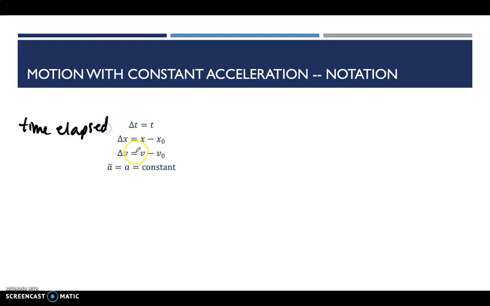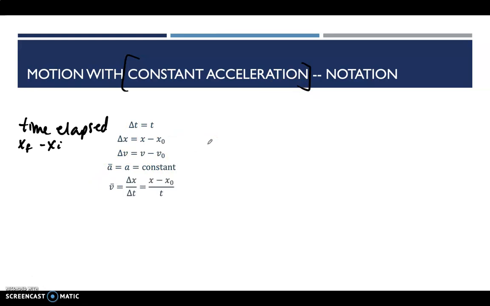With the change in position, we're going to say x minus x naught rather than x final minus x initial. It's a little bit easier. Same thing with delta v, v minus v naught, and a. Again, we have constant acceleration now. So we're going to say it's just equal to a, and a is a constant.